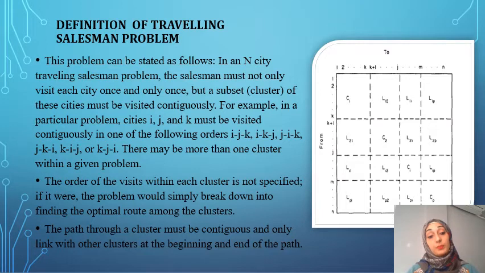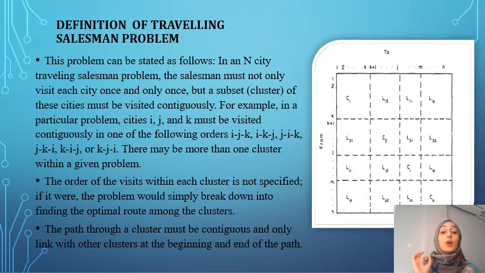For example, in a particular problem, cities I, J, and K must be visited contiguously in one of the following orders: IJK, IKJ, JIK, and continuing in this order to avoid any repetition.